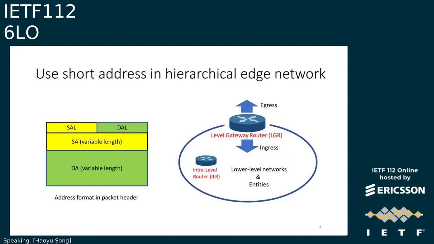The network prefix for this level is only maintained by the gateway router, while other entities in the network only know their own node ID. There are also other types of routers called intra-level routers, which are responsible for packet forwarding within the level network. Those routers don't maintain any prefix. Next slide, please.